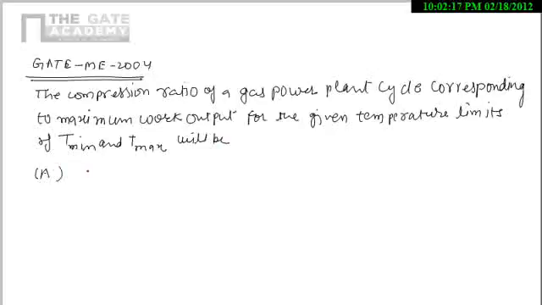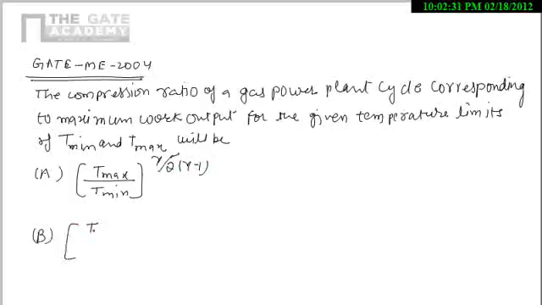A, T max by T min to the power gamma by 2 gamma minus 1. B, that is T min by T max to the power gamma by 2 gamma minus 1.